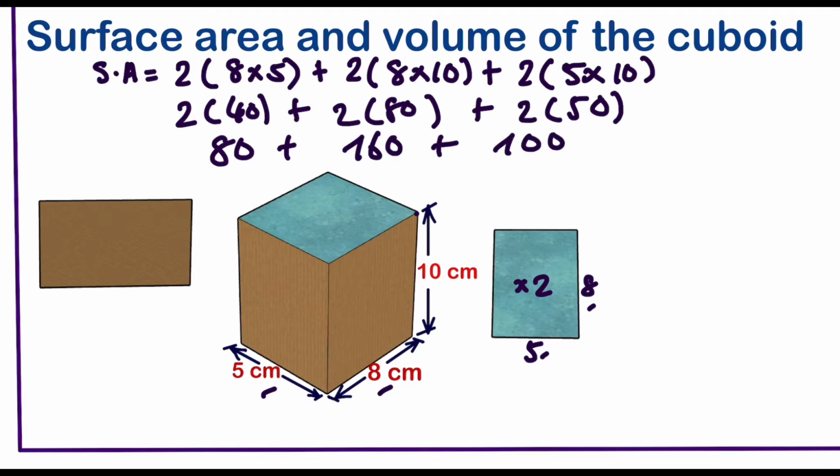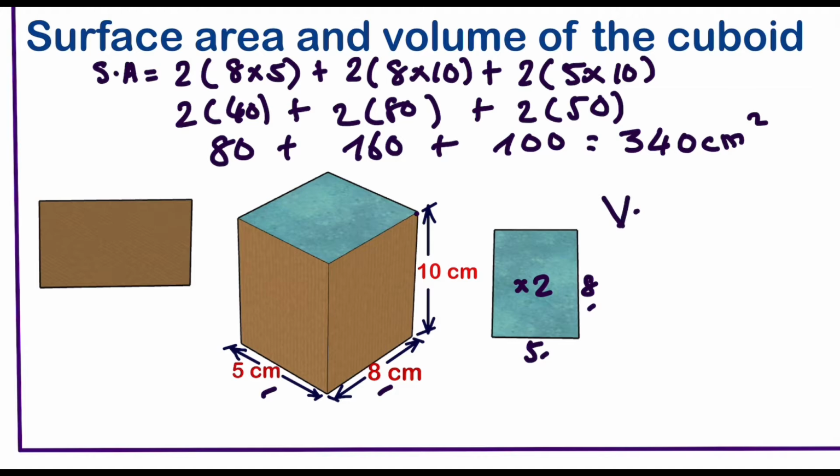If we add them up, 260 plus 80 will give us 340 centimeter square. Next we are going to calculate the volume.